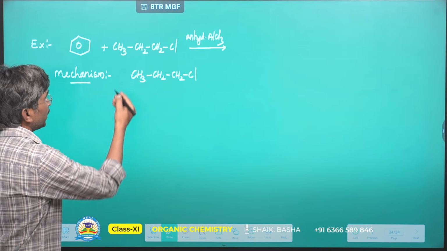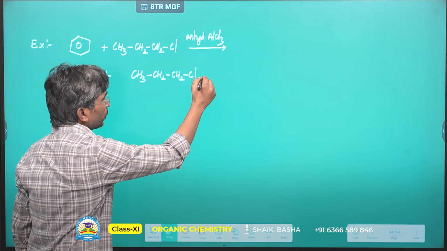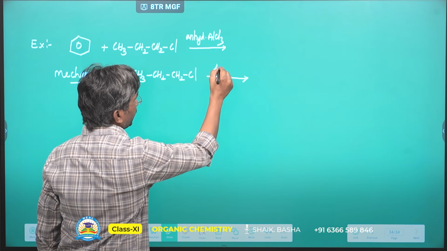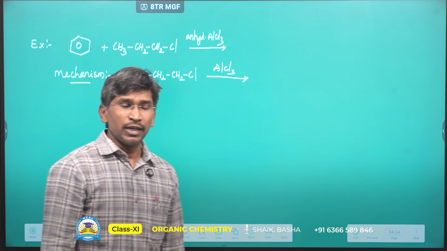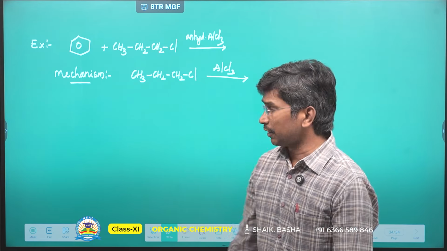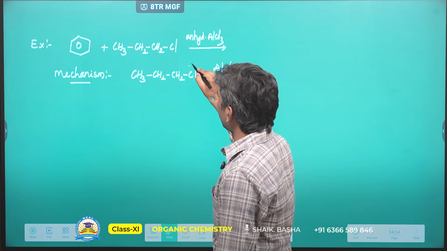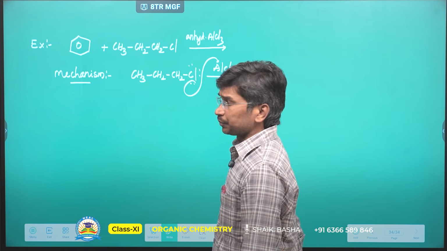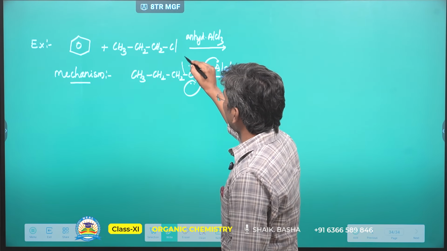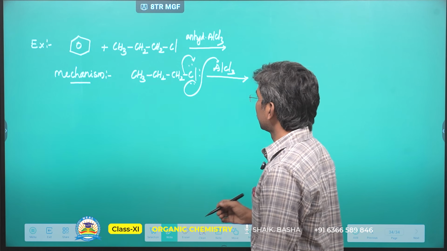What is the name of this one? n-Propyl chloride is going to react with Lewis acid, that is AlCl3. Lewis acid is an electron pair acceptor, electron deficient. An electron deficient species requires electrons. It can take an electron pair from the halogen because of its lone pairs of electrons. That halogen gets a positive charge, it takes an electron pair from this one.